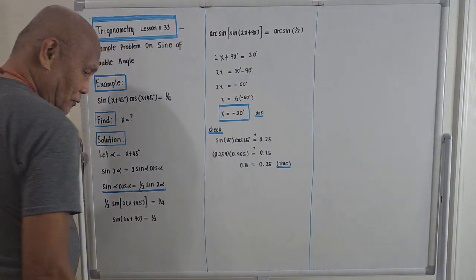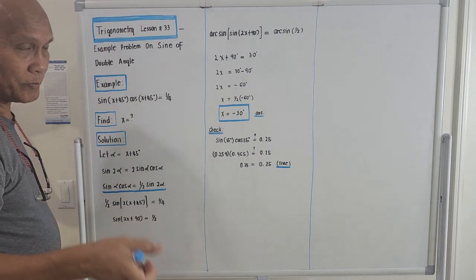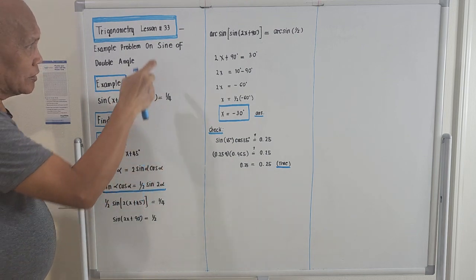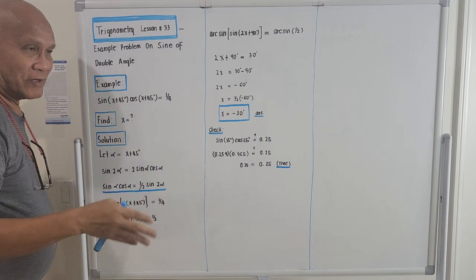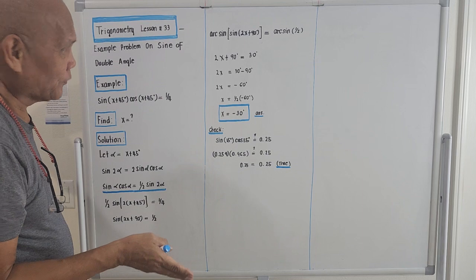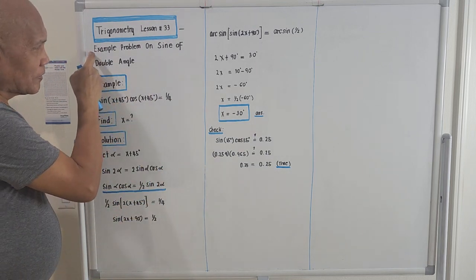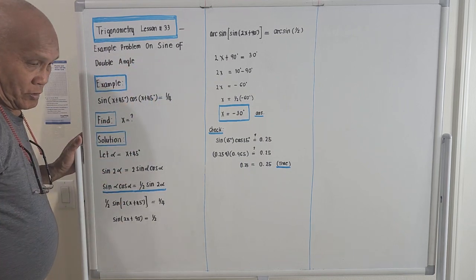The subject matter for tonight will be trigonometry, a continuation of my long video format discussion on trigonometry, and we are now on lesson number 33. It is getting interesting because the subject matter is regarding identities. The title of the topic for tonight is Example Problem on Sine of a Double Angle.